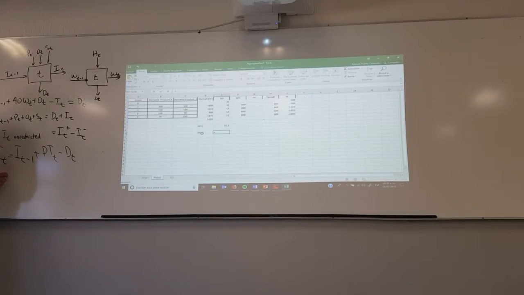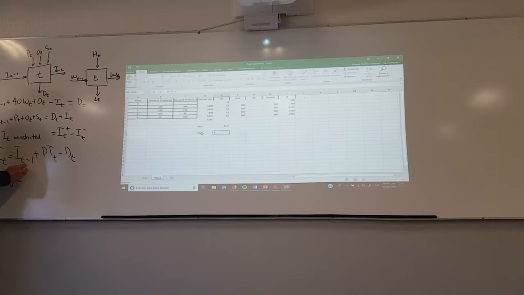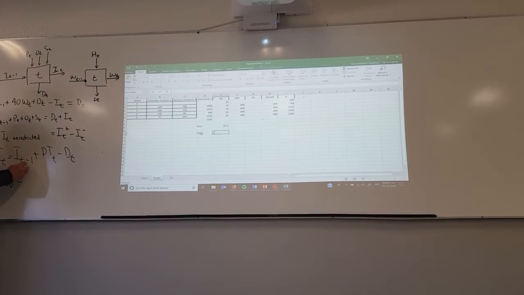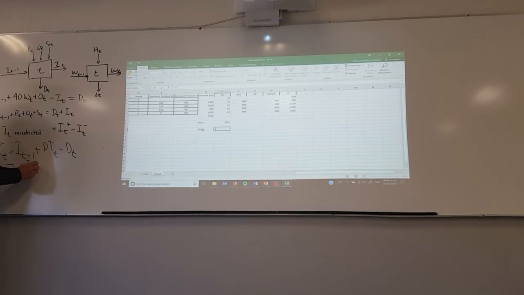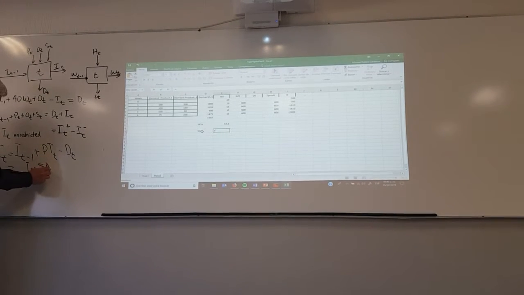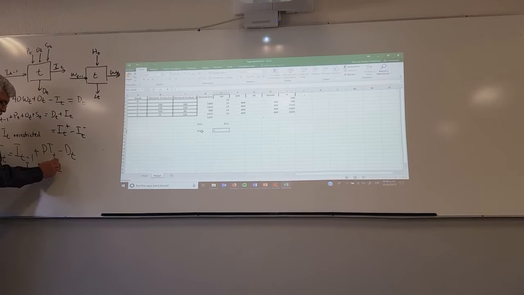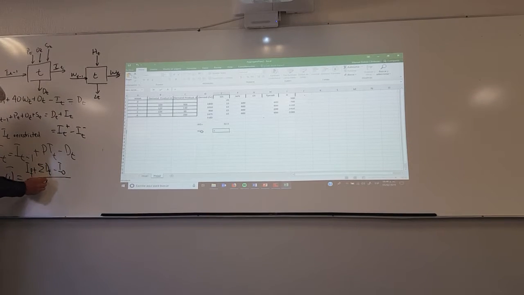The average number of workers is going to be equal to the final inventory plus the sum of the elements minus the initial inventory, over n times the capacity.